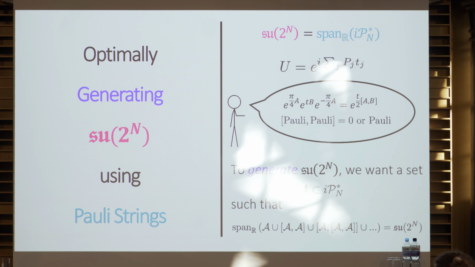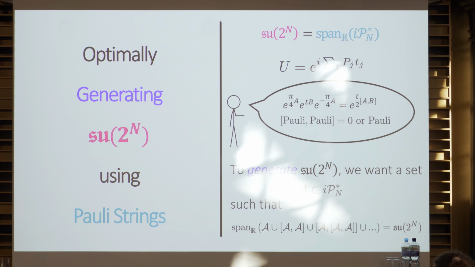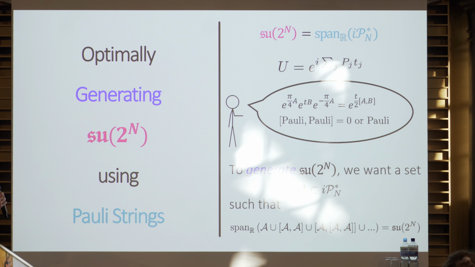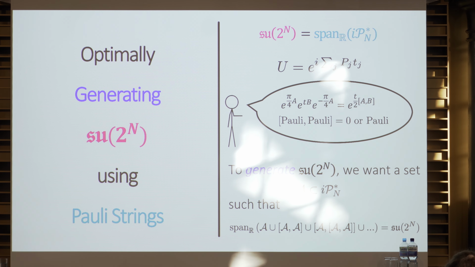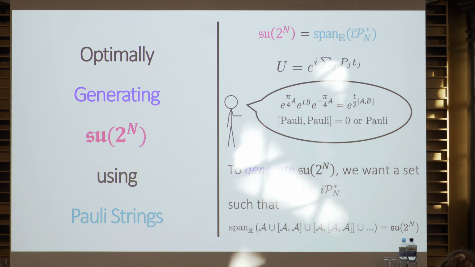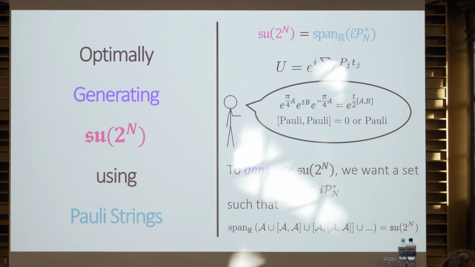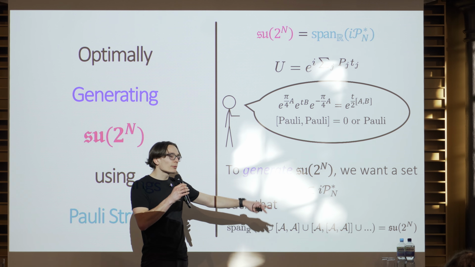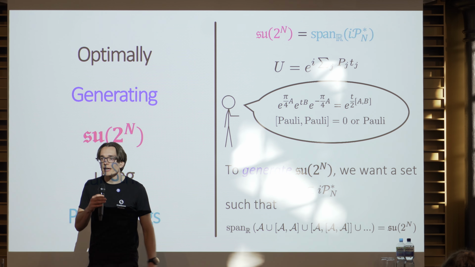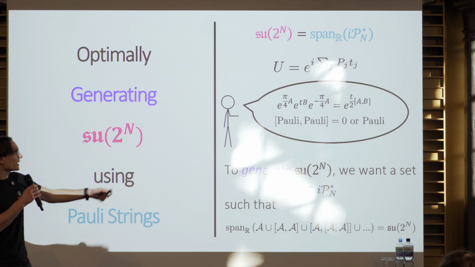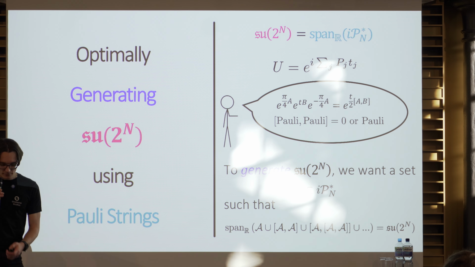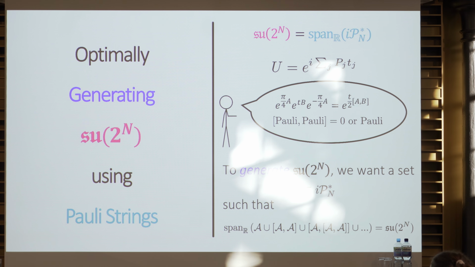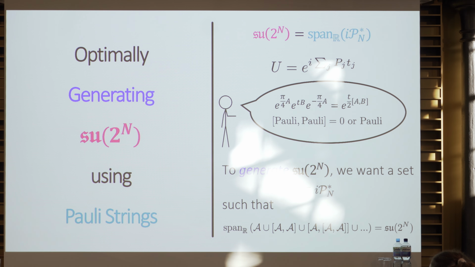Okay, then we want to talk about generating this Lie algebra. In order to generate this SU(2^n), we are looking for a subset of Pauli strings such that the real span of all possible commutators of commutators of commutators of these Paulis gives us the Lie algebra. This kind of sets the framework for this work, really.